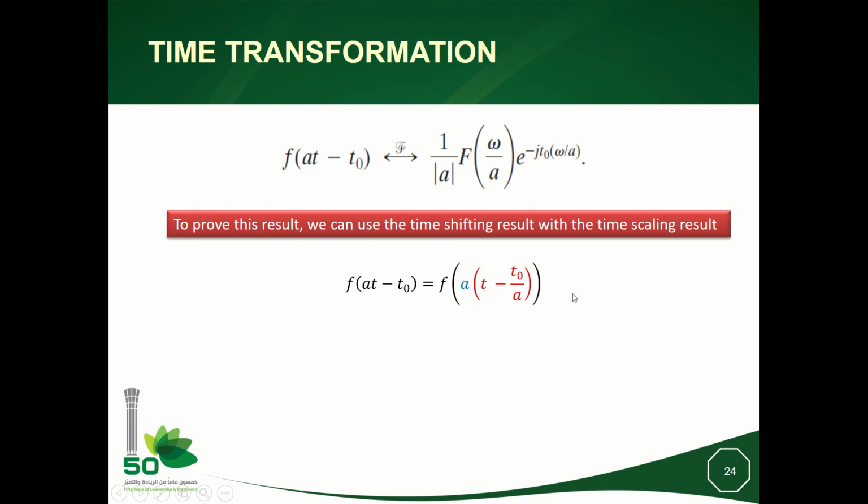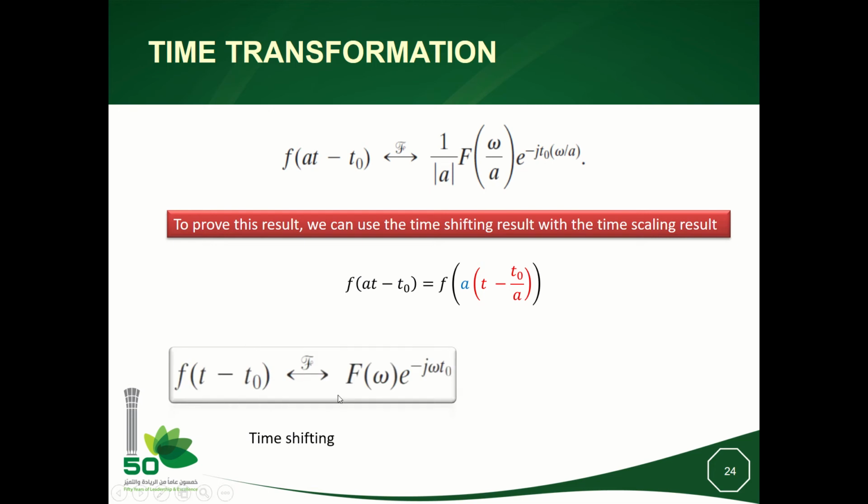So if we proceed first by time scaling of this function, we will use this relationship that we have already proved in our previous slides, that the delay in time results in multiplication by an exponential function in the frequency domain.